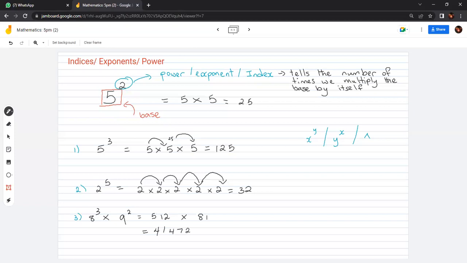You guys could double check on your end. Now that's if they ask you to solve it, calculate the value of, find the value of. So this part here is solving.